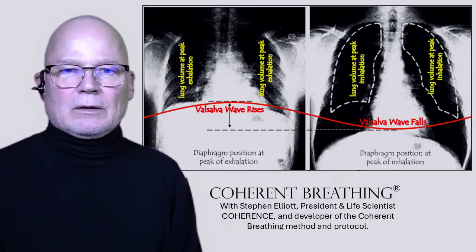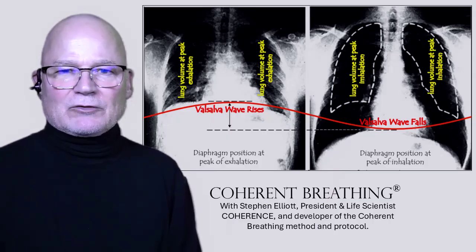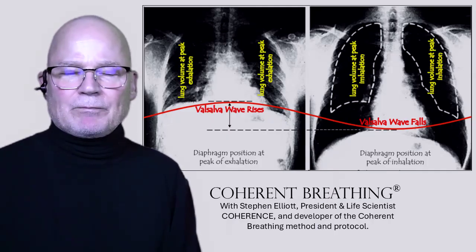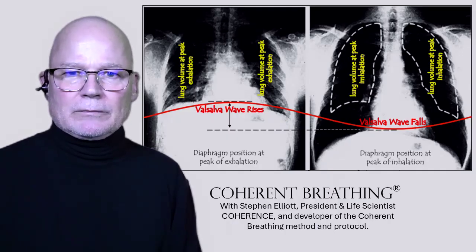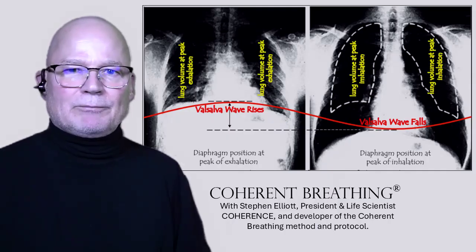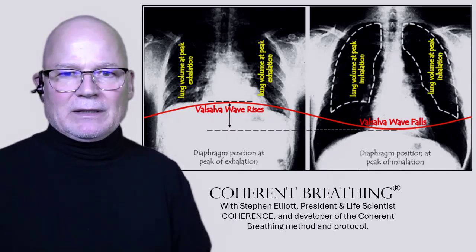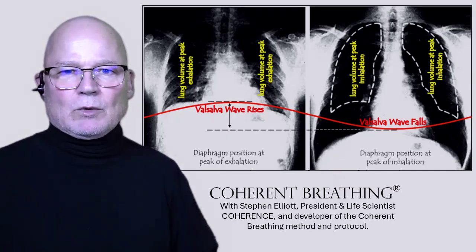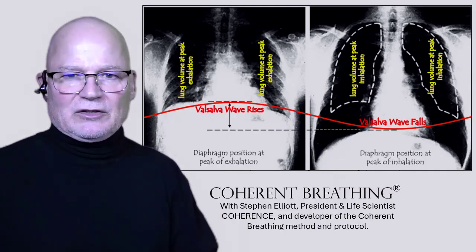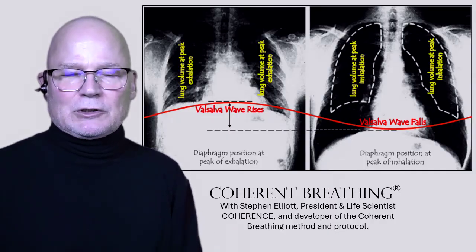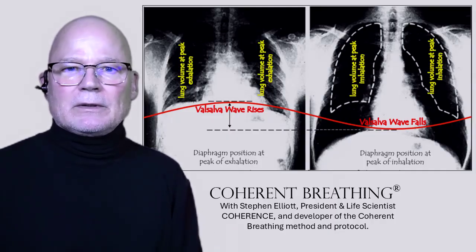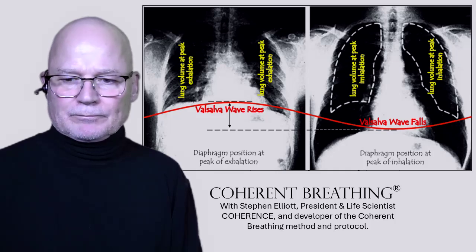So one of the things that's very interesting about coherent breathing, and really another subtle principle regarding protocol, is that we try to employ the diaphragm in a sinusoidal manner. That is, we want it to move in a sinusoidal rhythm. We'll talk more about that rhythm, and I'll show it to you on an oscilloscope in the next video.